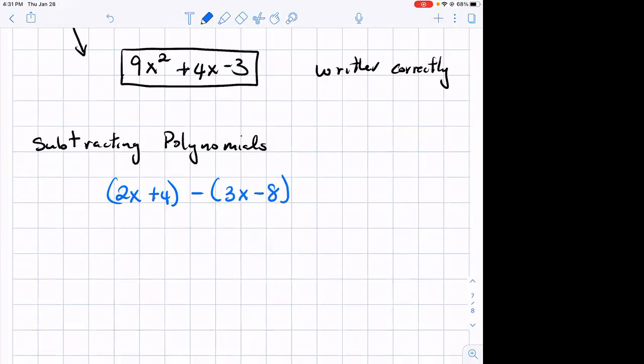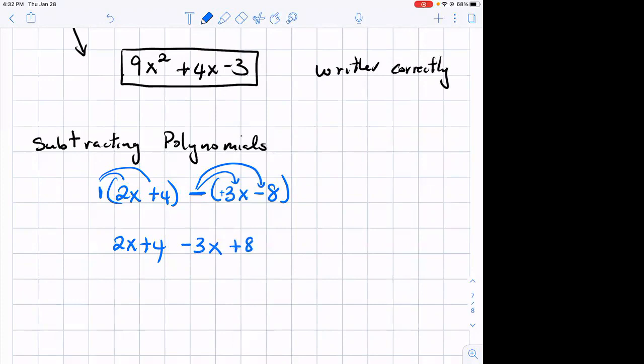Now, I said before that when there's a positive 1 on the outside and you distribute it, nothing in the parentheses changes. But now, because you're subtracting, notice that when you distribute that negative to this term, that little plus becomes a minus 3x. And when you distribute that negative to that negative 8, it becomes plus 8.